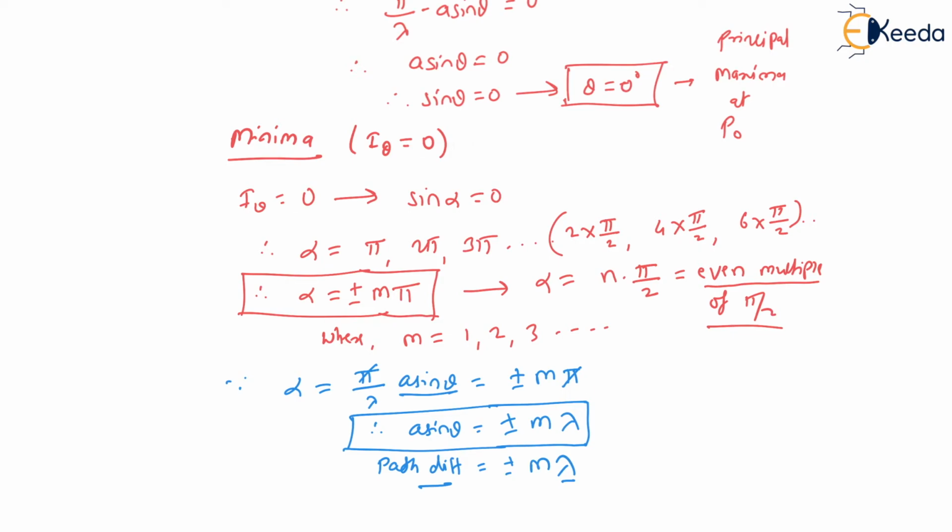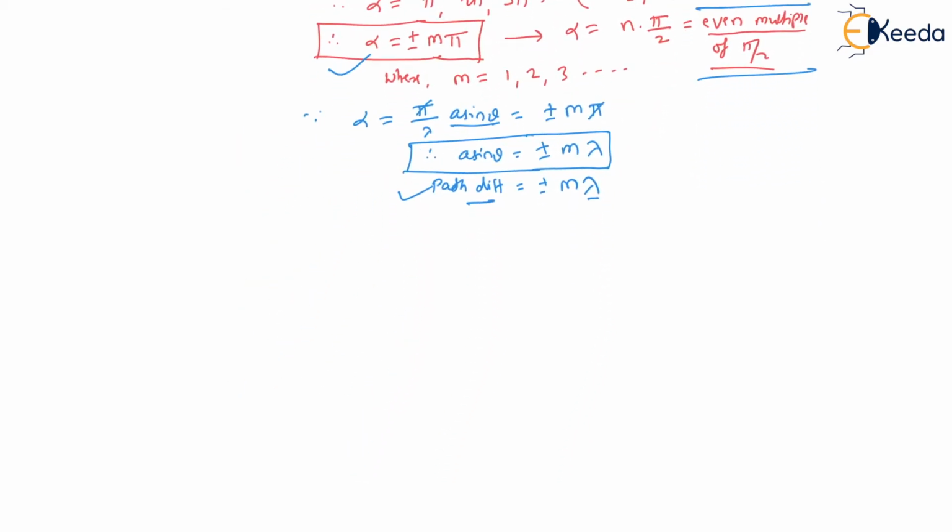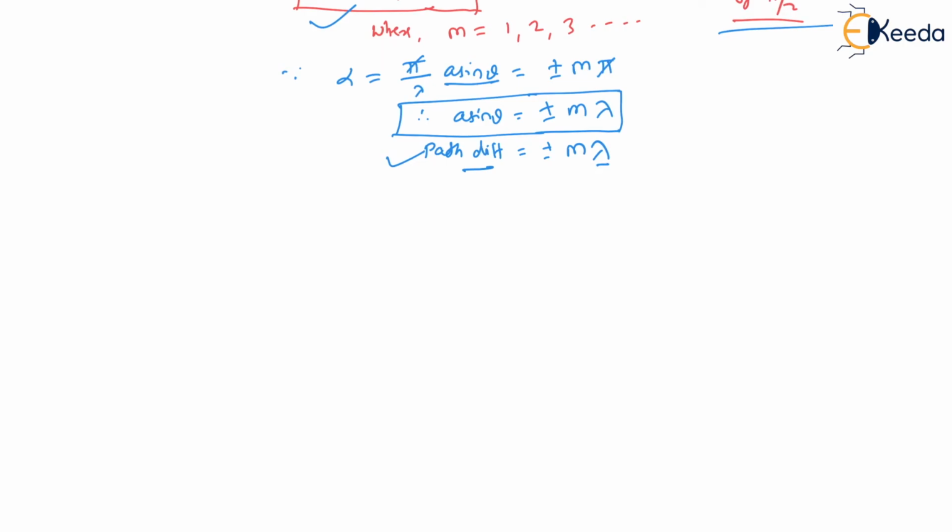So this is the condition for minima in terms of phase difference as well as path difference. Remember this also, that minima will obtain when the phase difference is even multiple of pi by 2.